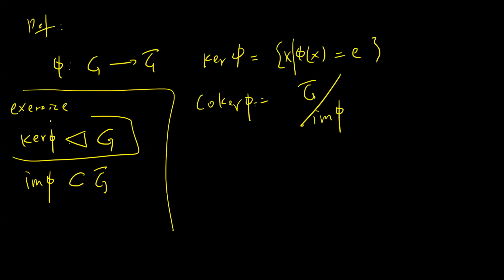Okay, but let's maybe prove this. Kernel means everything that maps to the identity. So we need to prove it's a normal subgroup. How to prove it? We need to prove that x kernel phi will be the same as kernel phi x.